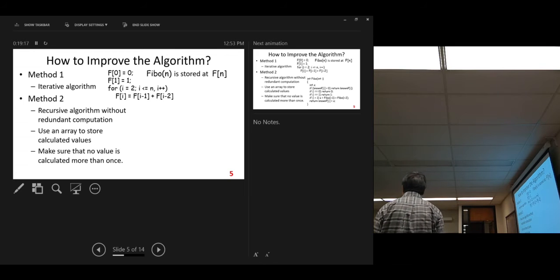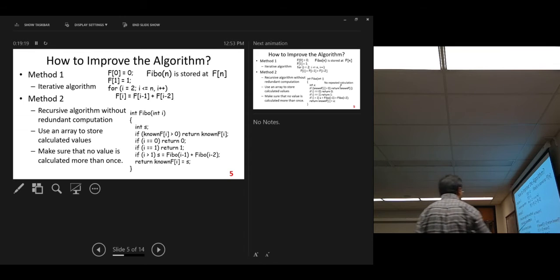All right. Now the implementation. This is the code. So we write a new way to write the function. You can see we modify the previous recursive algorithm, but here we use a special array.